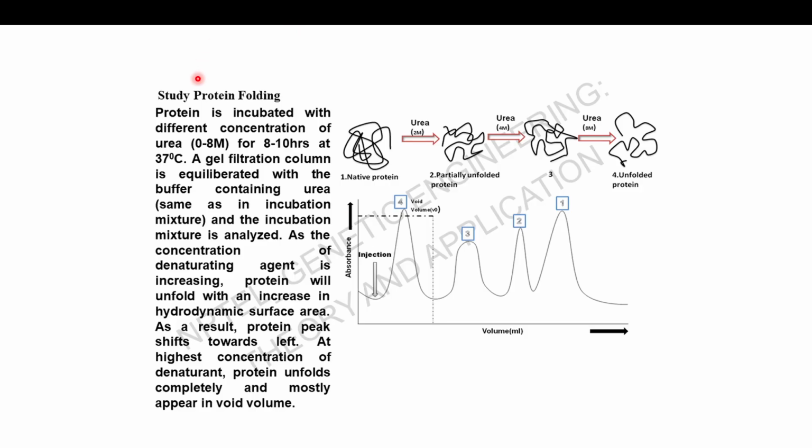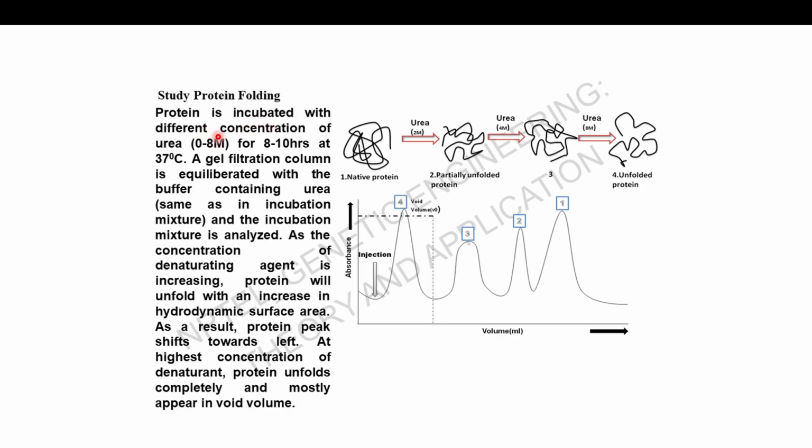Another thing that people usually do is to study protein folding. Suppose your protein of interest is incubated at different concentrations of urea. Urea is a denaturing agent, okay? It denatures protein and ruptures protein folding.